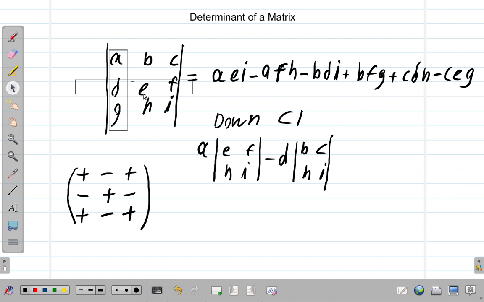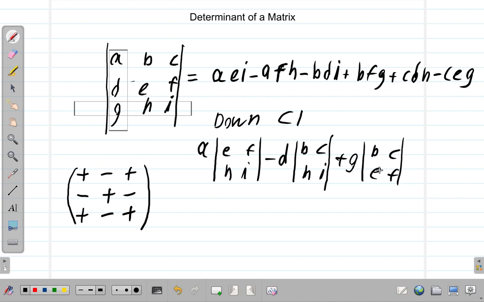Then we go down to the next row, and we're keeping column 1 because we are expanding the matrix down column 1. So we have G here, and G is a plus G. Uncovered elements B, C, E, F. All right.